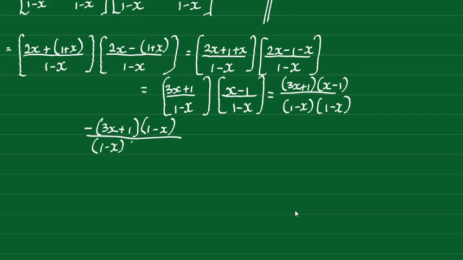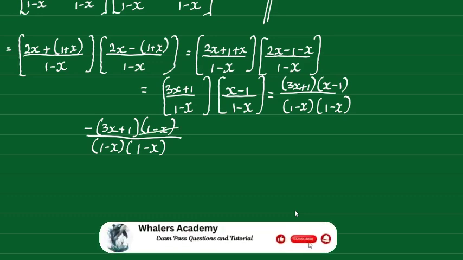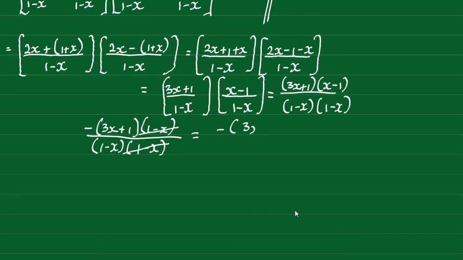Now 1 minus x at our numerator cancels out 1 minus x at our denominator. We're left with minus (3x plus 1) divided by (1 minus x).